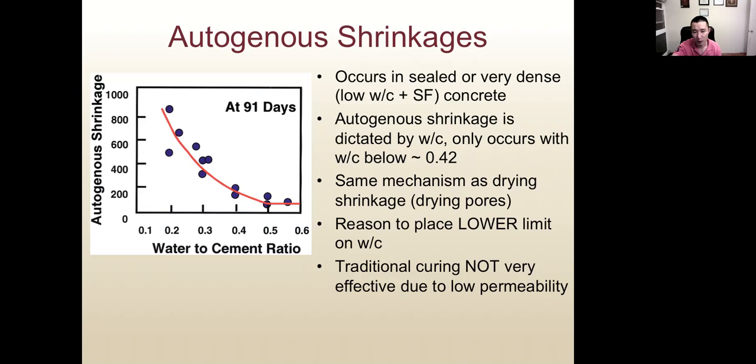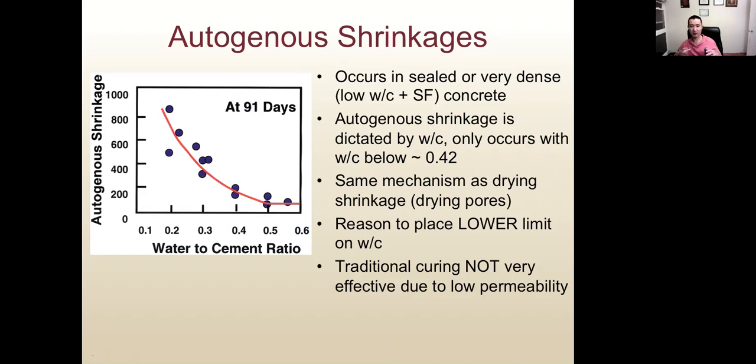Because autogeneous shrinkage only occurs in low water cement ratio concrete, to limit the amount of autogeneous shrinkage, we need to place a lower limit on the water to cement ratio. And because the microstructure of concrete with a low water cement ratio is very dense, traditional curing is not very effective.